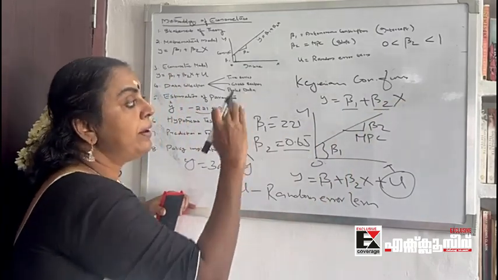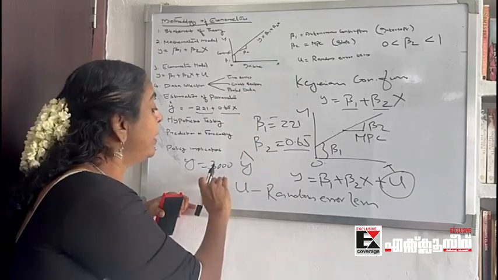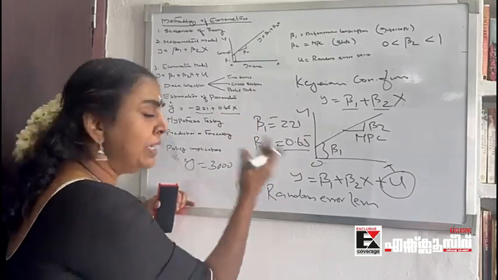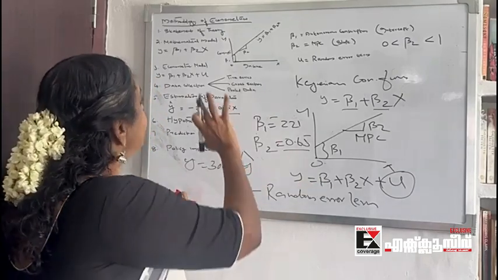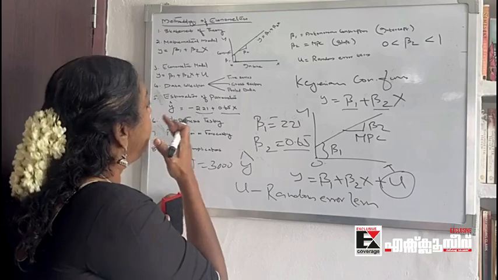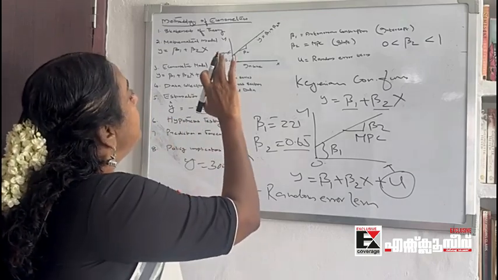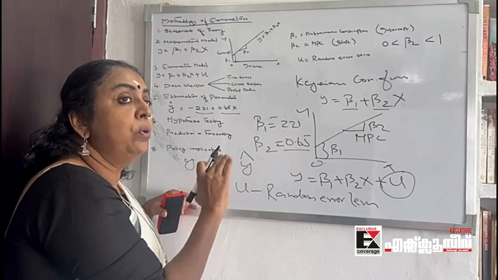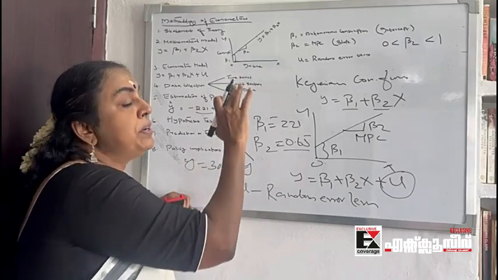So by doing this, you can reduce the level of unemployment if you can increase the expenditure to 3,000 units. So these are some of the implications of the model. When you study the methodology of econometrics, these are the steps to be followed in discussing an econometric model.